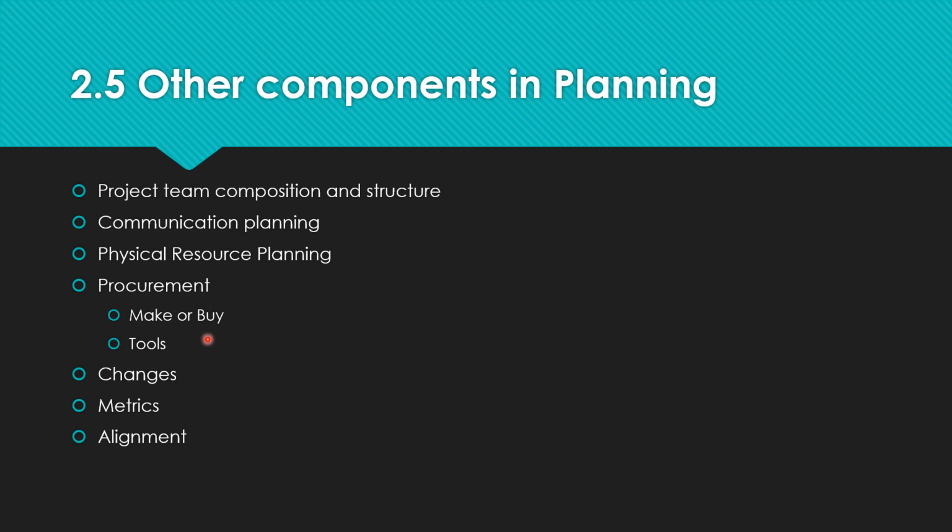If you don't have the competency, why don't you offshore it, or why don't you buy a product directly? Similarly, whatever tools you need, communication tools and other physical resources, you need to procure accordingly. And you have to do change management planning as part of the project planning. Right? In an adaptive style of projects, you can accommodate changes at any point of time.